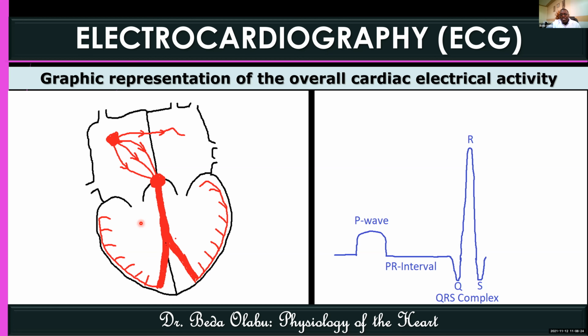And for normal ECG, you want each P wave to be followed by a QRS complex. That is what we call sinus rhythm. To mean that all the impulses generated by the sinoatrial node translate to the ventricles. And so following atrial contraction, the ventricles will also contract.